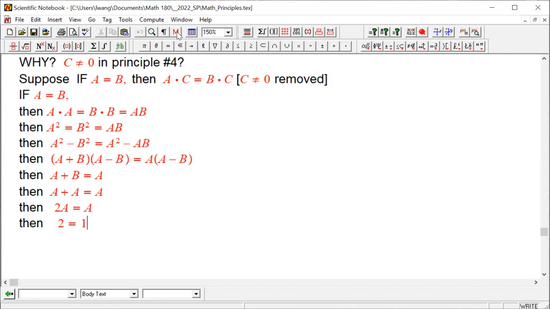At this rate, I can get 1 equals 2, then 2 equals 3, 3 equals 4, 4 equals 5, and so on and so forth. You can keep going. And what does that tell us? It tells us 1 is the same as 2. That's ridiculous, right? So this is entirely false.